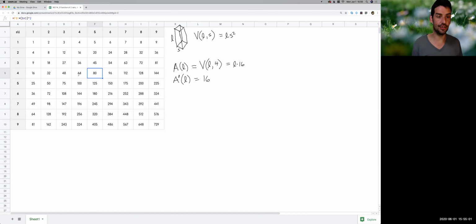And for instance, let's look over here at our values, the values on either side of L equals 5.